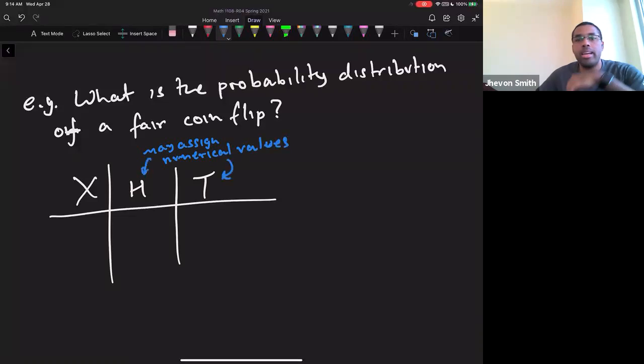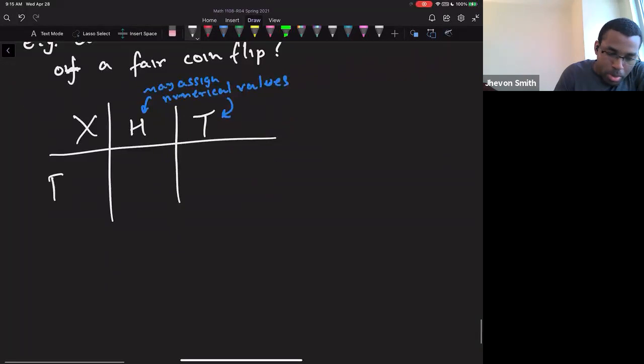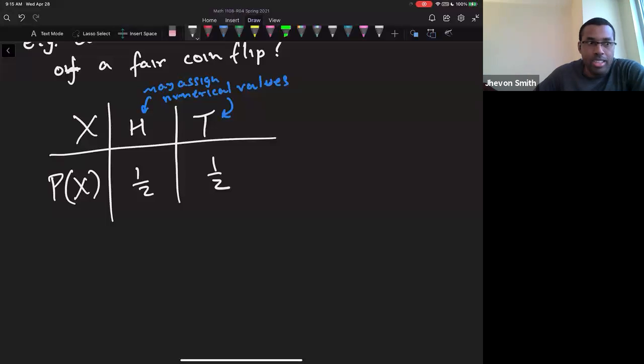So you can decide, okay, if it's heads, the output is 0, and if it's tails, the output is 1. And then you find the probability of x. For this, you would put a half and a half, because you know there's a half probability. That is a probability distribution. This table is a probability distribution.